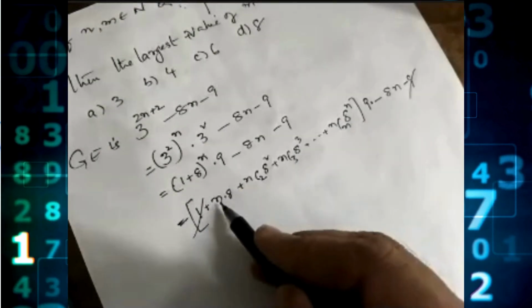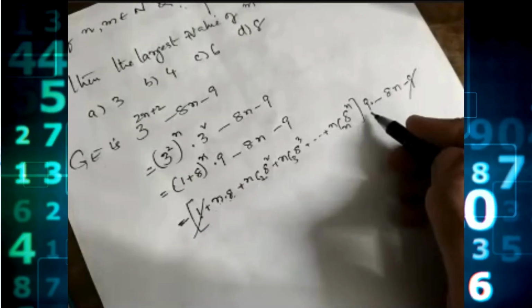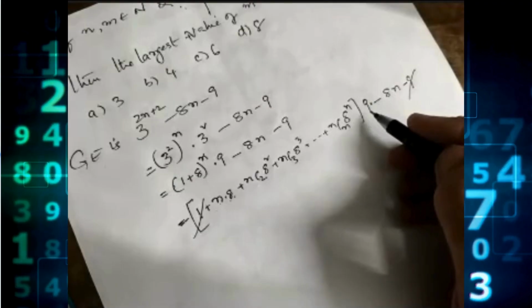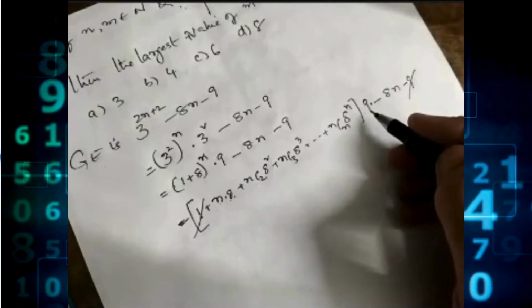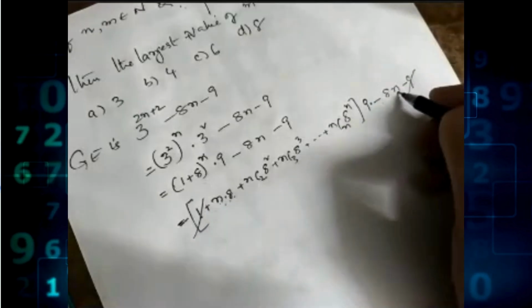Again, nC1 means n, n into 8 is 8n, into 9 is 72n, minus 8n, that is 64n.